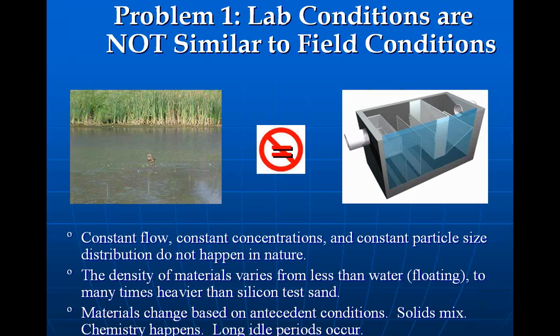The first problem I mentioned is obvious to anyone: the lab and field conditions are just not the same, because a constant flow with a constant concentration and a constant particle size distribution in the lab just doesn't happen out in nature. Flows aren't constant, concentrations aren't constant. Even at the same flow, the beginning portion of a storm, the rising limb, will typically be carrying more material than the falling limb of that same storm at that same speed.